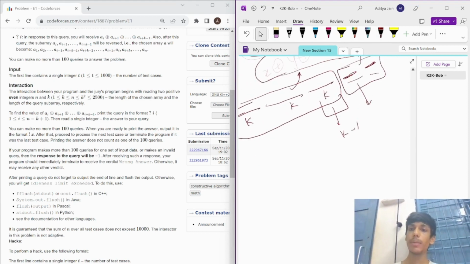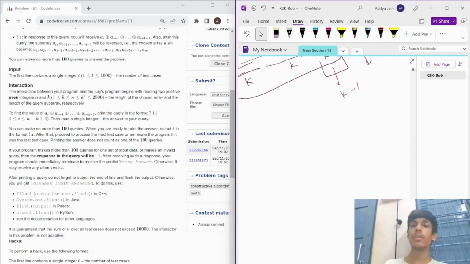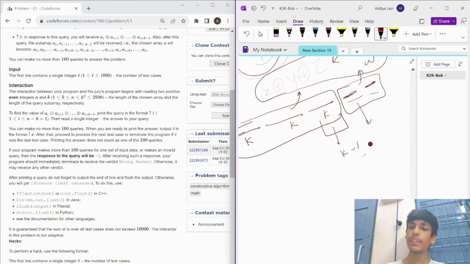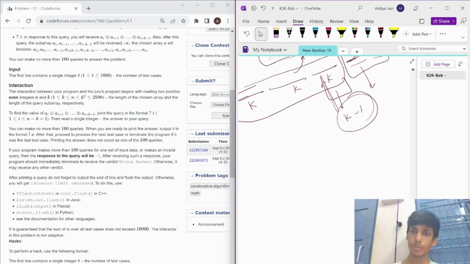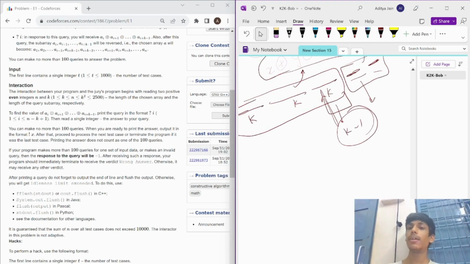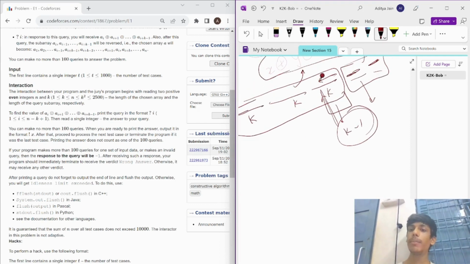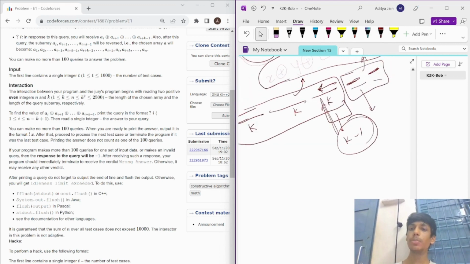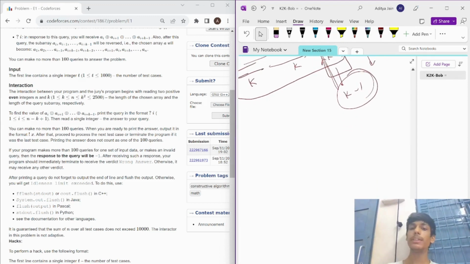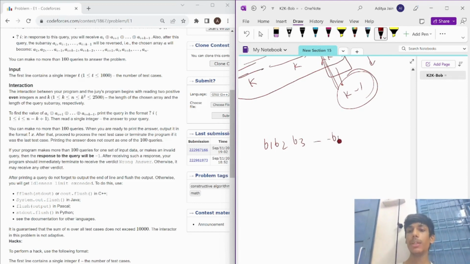You will consider the last k minus 1 elements of the last segment, starting from the back. Suppose the k minus 1 elements are b1, b2, b3, up to bk minus 2, bk minus 1.